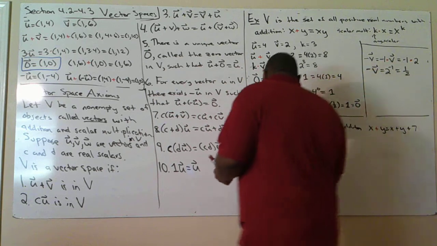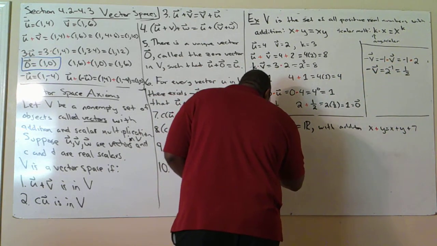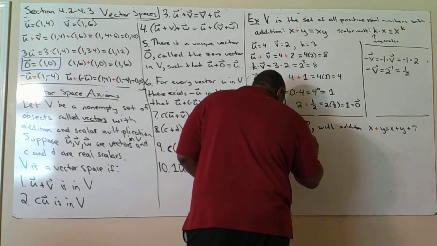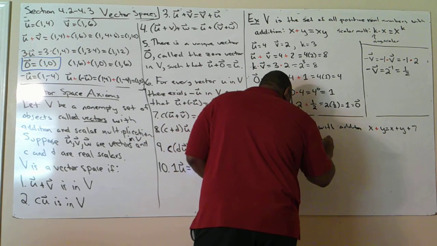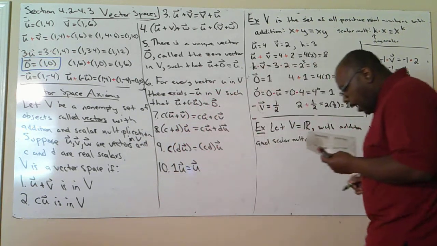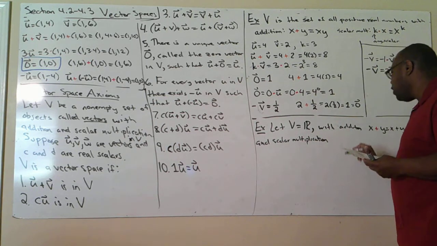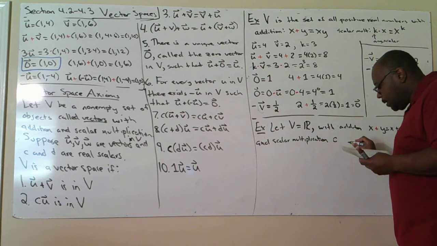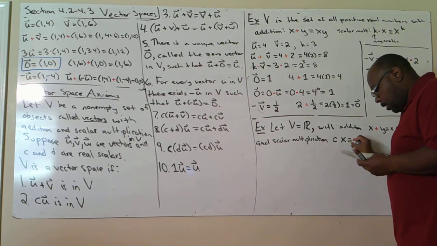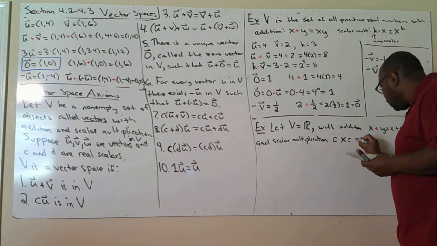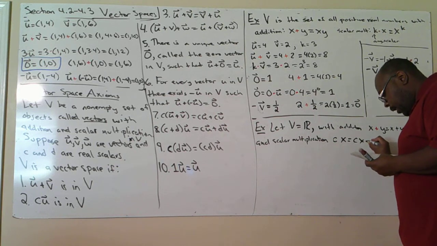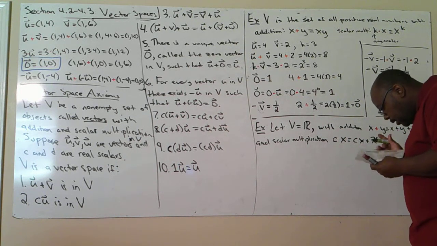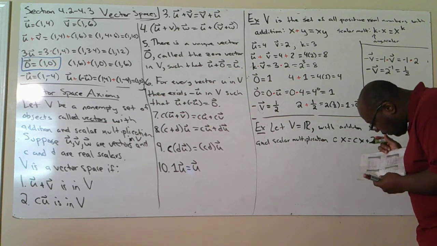And scalar multiplication. I have that C, or K, it doesn't really matter what you call it, C times X is equal to CX plus 7 times that C minus 1, I think is what I have here.